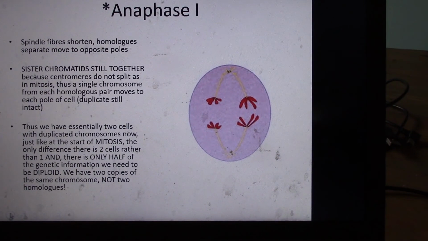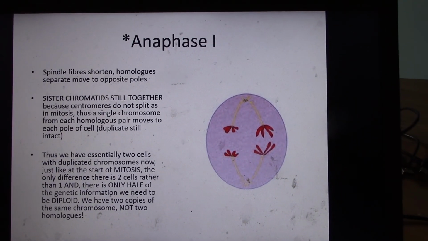And so here's the big difference now. With anaphase 1, okay, what happens with anaphase 1? If I draw this again, one homologous pair gets pulled this way of a set.